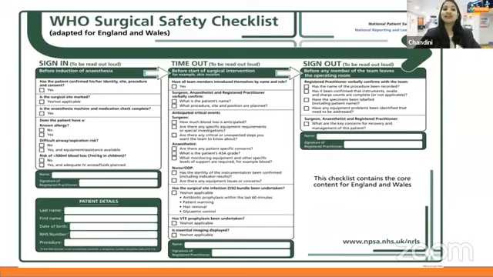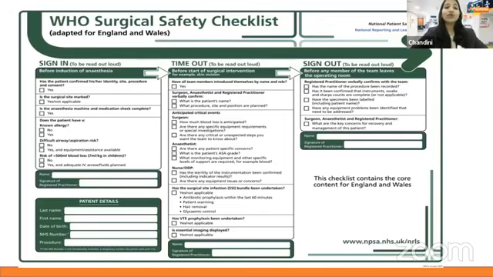Sign-in is done before induction of anesthesia, to avoid further complications. The circulatory nurse announces whether the right patient has been taken onto the table. She announces loudly the patient name as well as the UHID number, and once the patient confirms, yes, my name is so and so, it is declared by all the OT members.